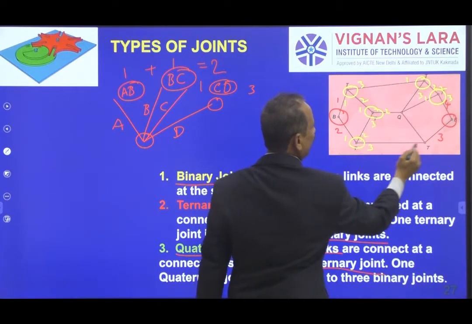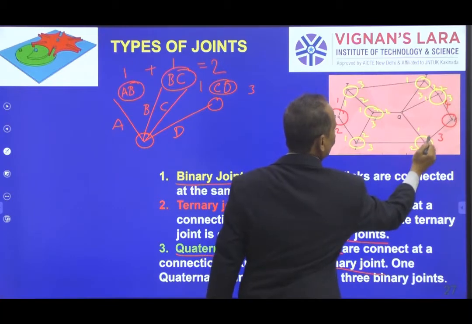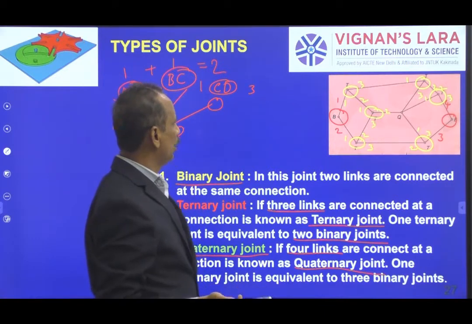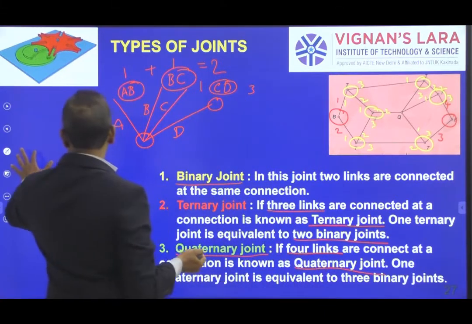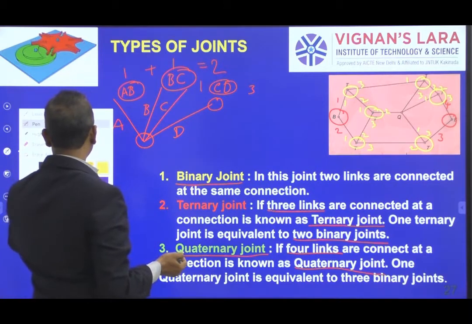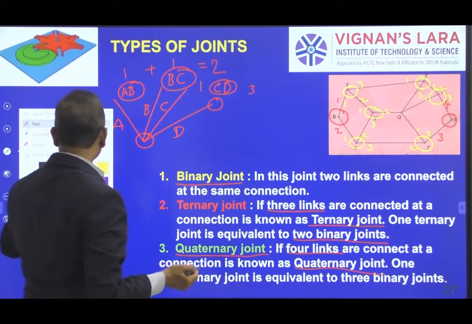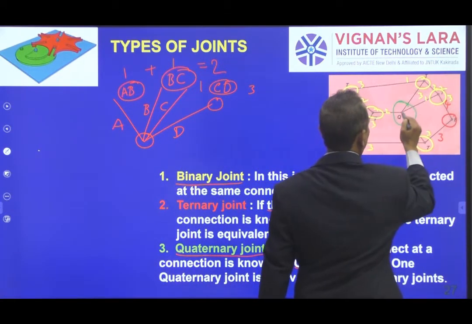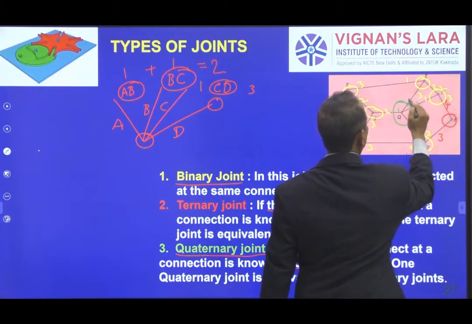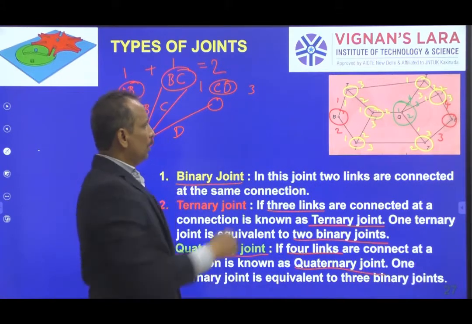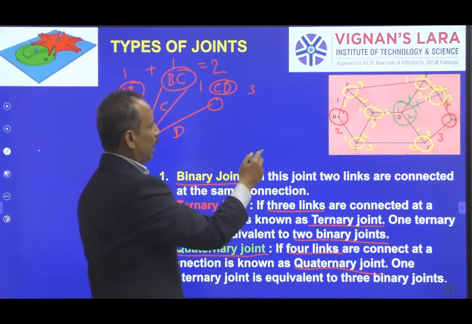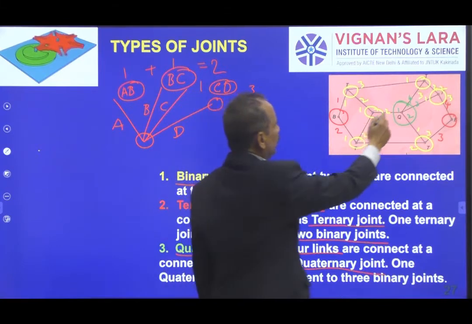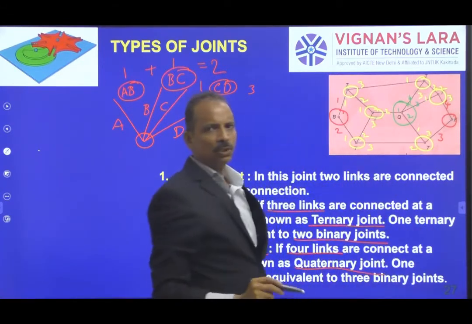All the yellow colors show ternary joints. And finally the quaternary joint: as per the definition, four links are connected at one location, so 1, 2, 3, 4 is quaternary. So you can see there are two binary joints, 6 ternary joints and 1 quaternary joint.